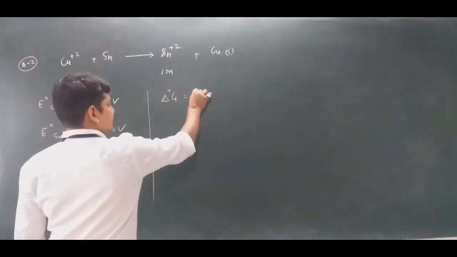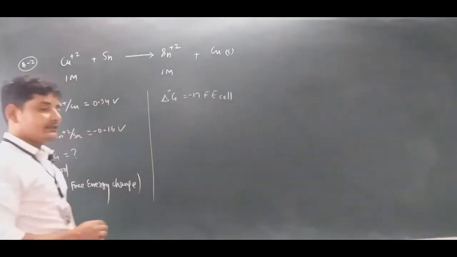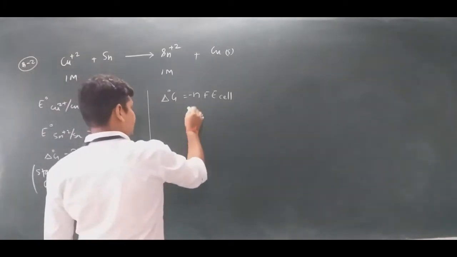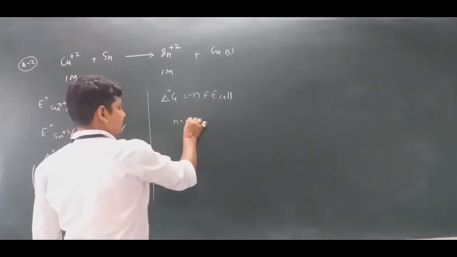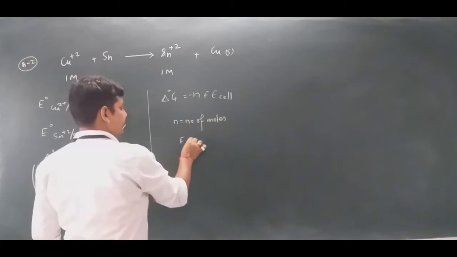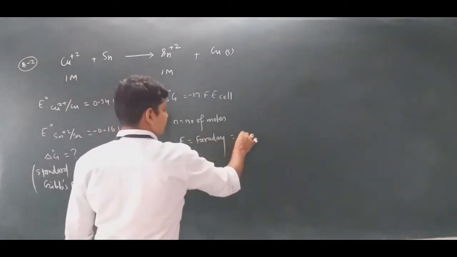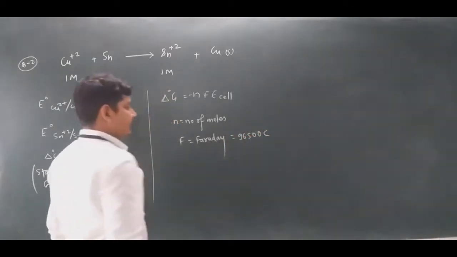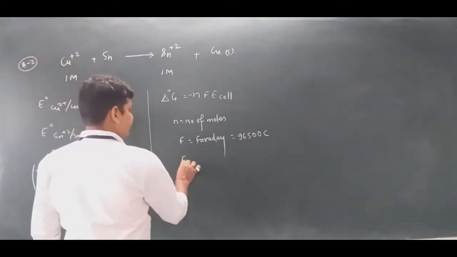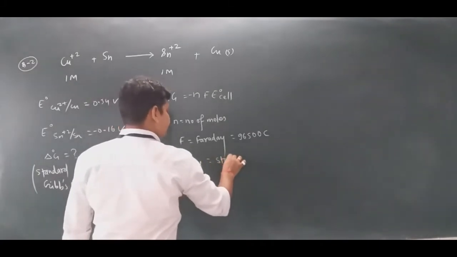delta G naught is equal to minus nF E cell. This is the equation. What is this? Actually, n is number of moles of electrons, F is Faraday, 96,500 coulombs, and E cell, here standard, is the standard EMF of the cell.